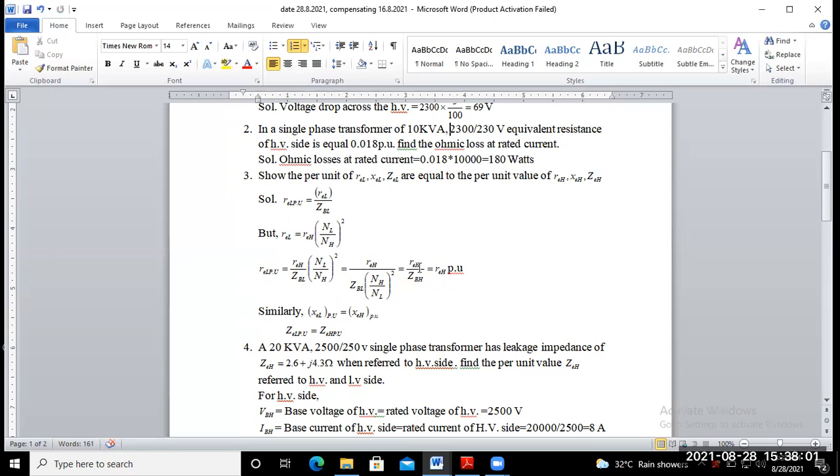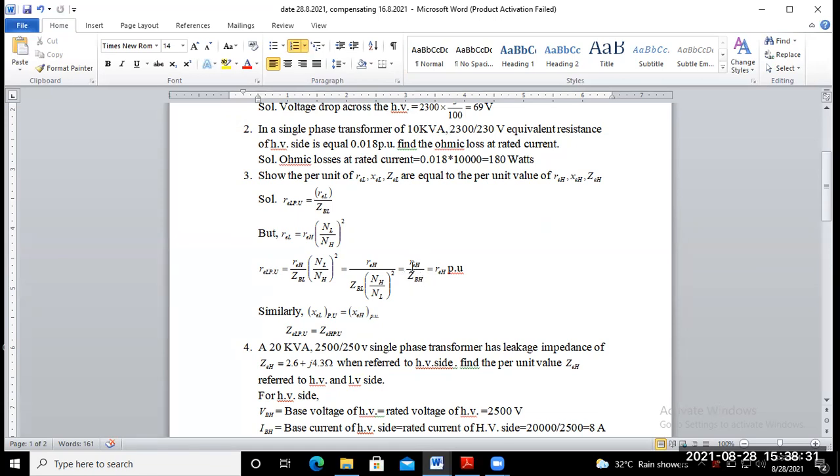Okay, so REH in ohm divided by ZBH in ohm. That means actual value in any unit divided by the base value in the same unit. So you may observe here that resistance, the actual value, is represented in ohm, so the base impedance value is also in the same unit, that means in ohm.